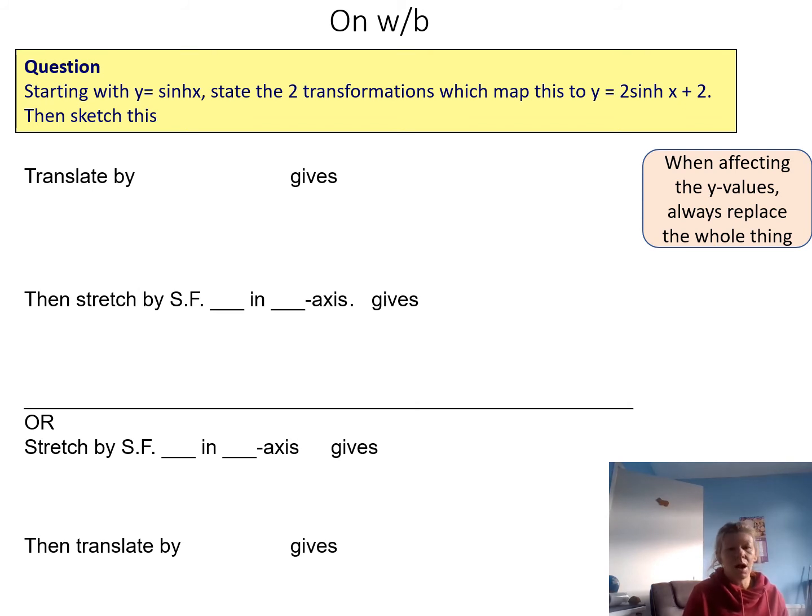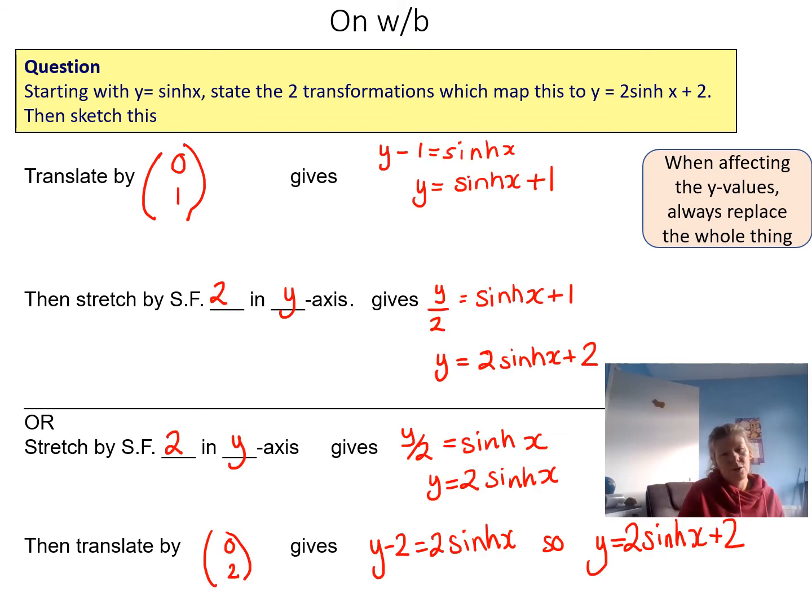Anyway, so have a go, and then put your whiteboards up when you're ready, and then the teacher will know it's time to show the answer. If you want to pause me, that would be brilliant. Okay, unpause. Here come the answers. Hope you got them right.